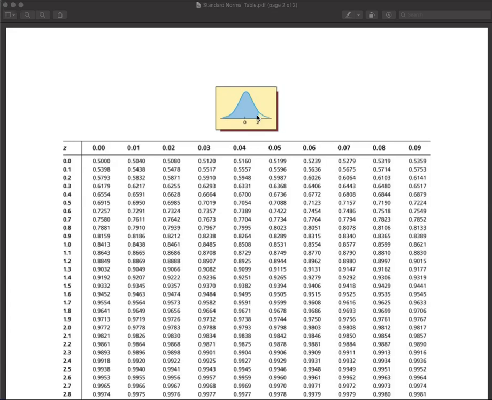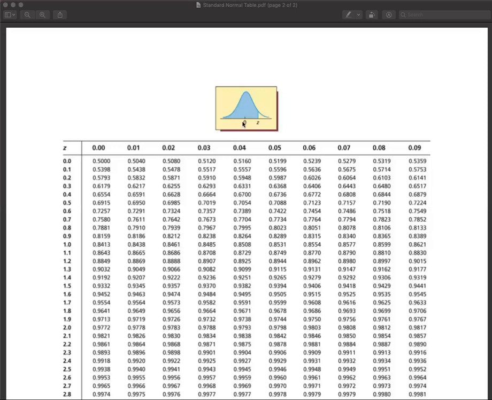So if the area to the left of 1 is 0.8413, how do we get the area in between 0 and 1? We can do that by getting the area to the left of 0 and then subtracting that from the area to the left of 1. When we get this subtracted by this area, we will be left with the area in between. Again, the area to the left of 1 is 0.8413.